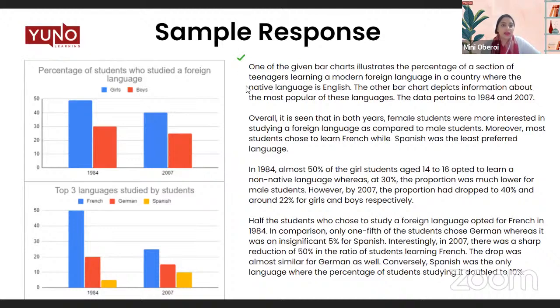So first paragraph, let's revise everything. First paragraph is the introduction. Second paragraph is the overview, where we talk about the striking features. Then third paragraph is for the details.